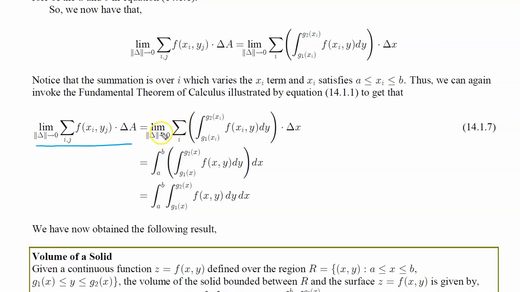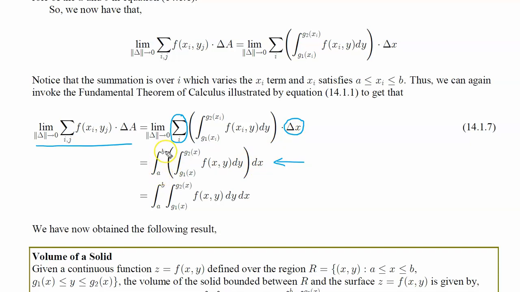So then, if the number of partitions along the x-axis is going to infinity, this is going to turn into an integral, and this is going to turn into a dx. And any place in here we see an x sub i, we just replace it with an x. And so we end up with this result down here. Now you notice the delta x became a dx. Now our integral runs from a to b.